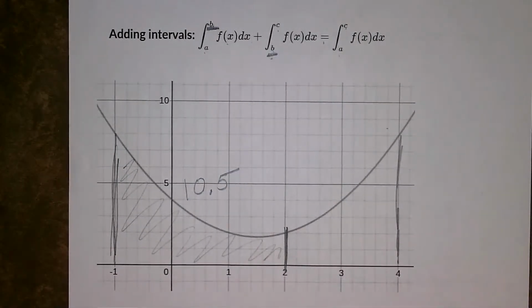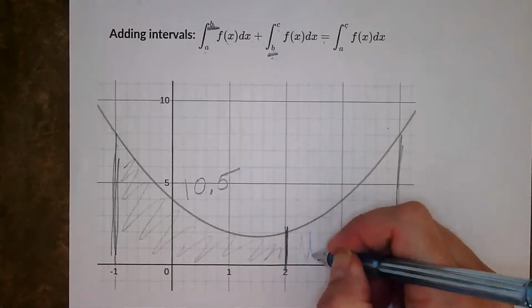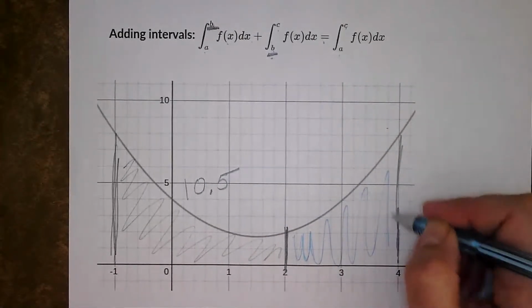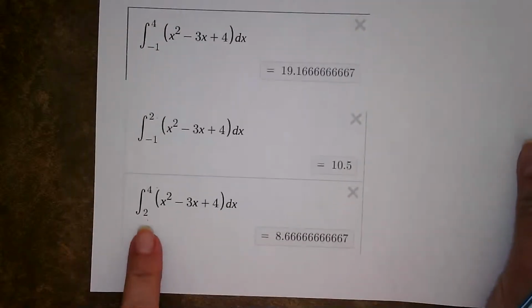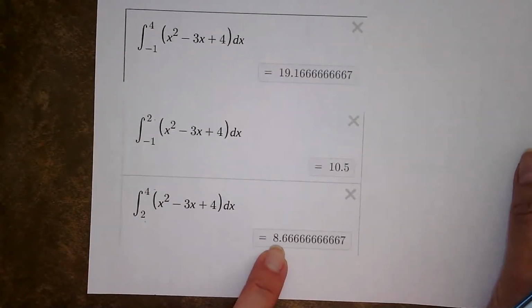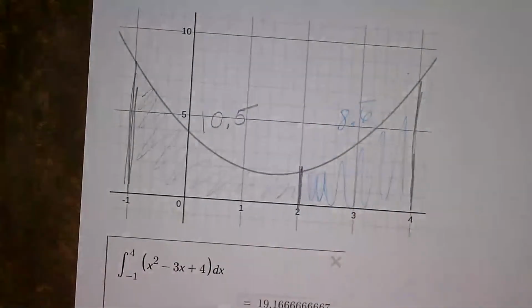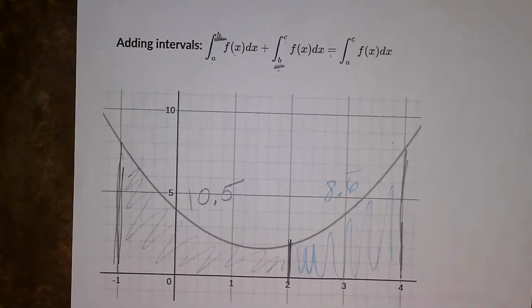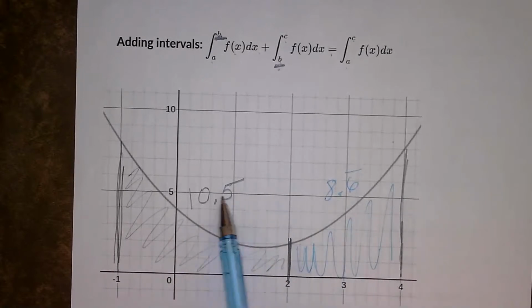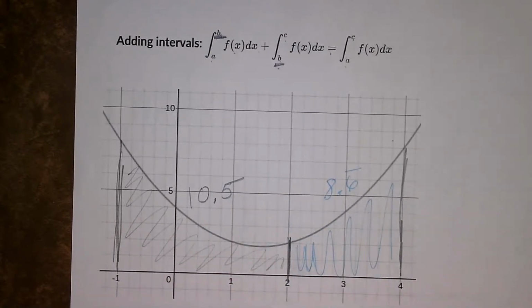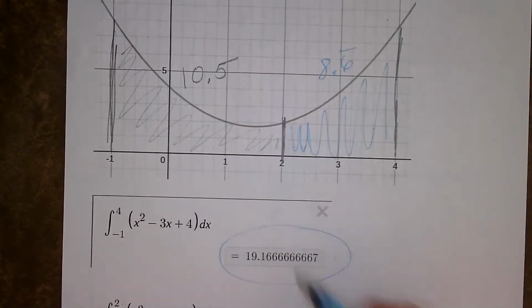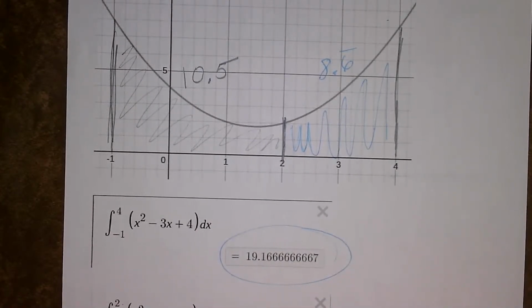If I find the next integral from positive 2 to 4, this piece over here, that area is 8.6 repeating. So by the adding intervals property, if I add these values together, I would expect to get the total integral of 19.16 repeating, and we will.